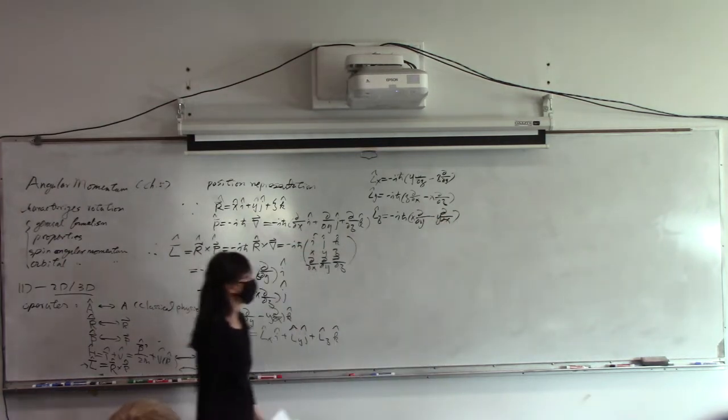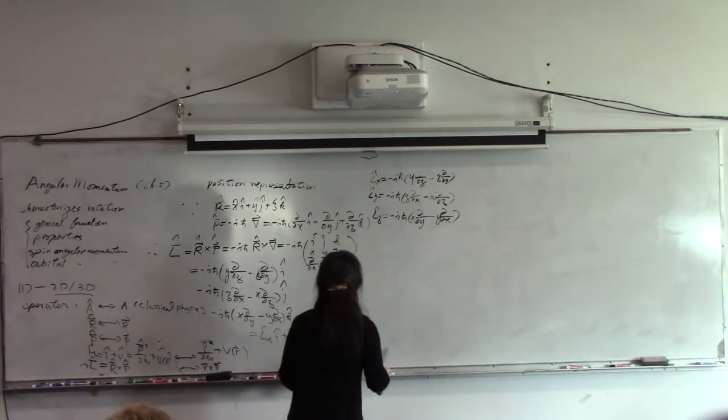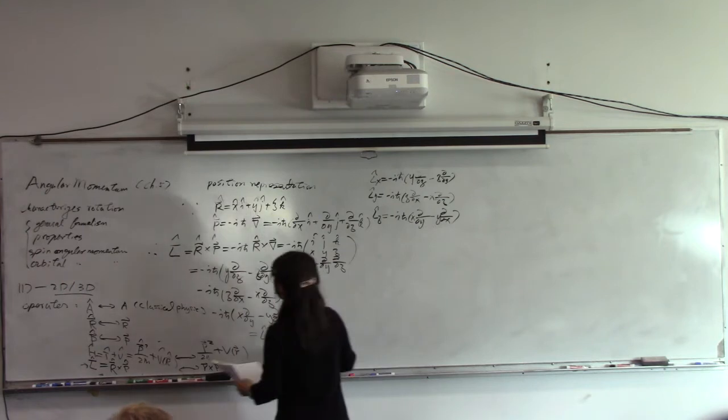Now we have this operator in the position representation. That is the first feature: it is a vector.